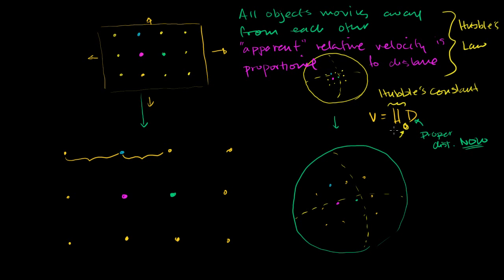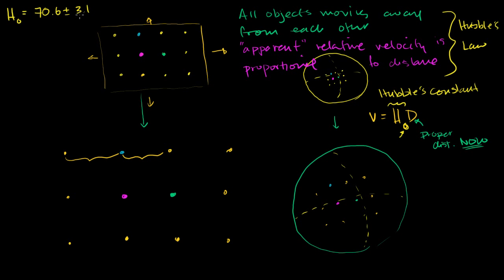And so just to give a sense of, or do a little bit of math of how fast things are actually moving apart, the current Hubble constant is, let me actually write it someplace where I have more space. The current Hubble constant is 70.6 plus or minus 3.1.